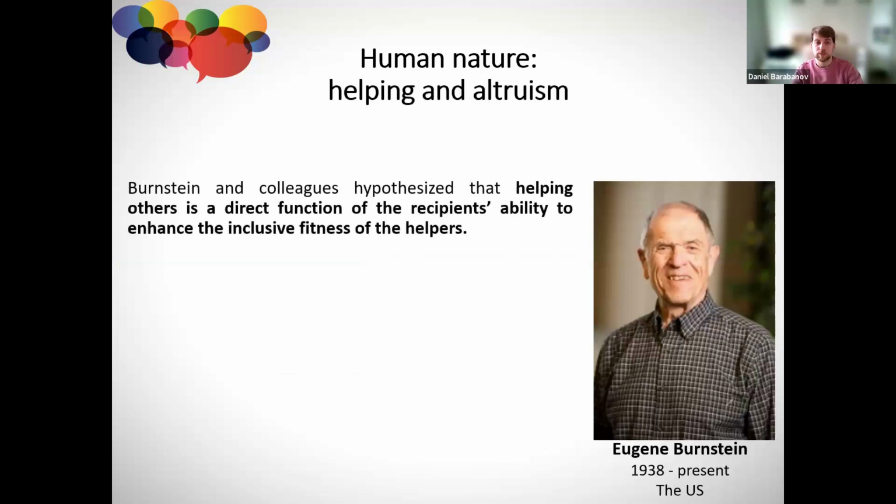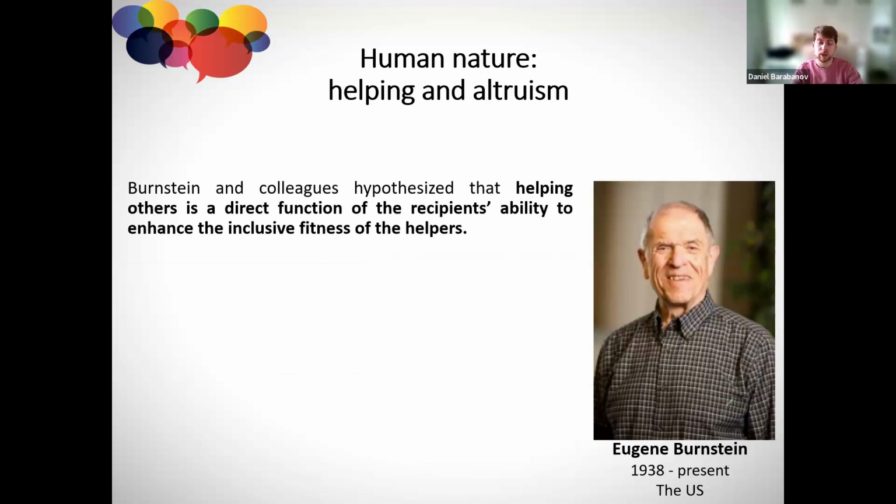Eugene Bernstein put forward the hypothesis that helping others is a direct function of the recipient's ability to enhance the inclusive fitness of the helpers, right? So we're returning to this idea of inclusive fitness theory, that you not always have direct descendants, but you might also have indirect descendants, your relatives of different degrees of kinship.